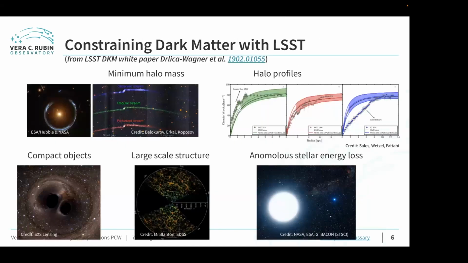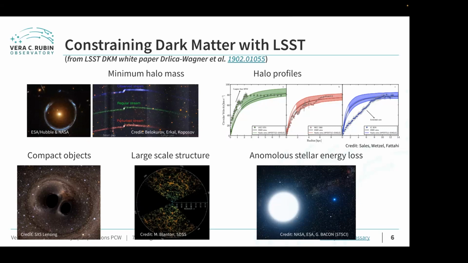A number of the probes we've been working on so far are looking to see how sensitive we are to how much substructure we see at different times, and whether we can start to differentiate some of the models we have. That can include probes such as strong lensing, where you're looking for small-scale fluctuations, shown in the top left there.